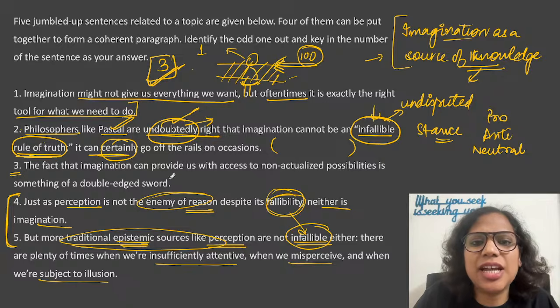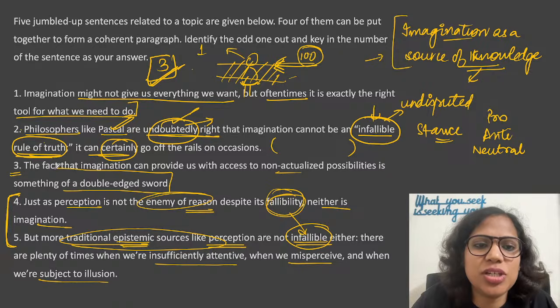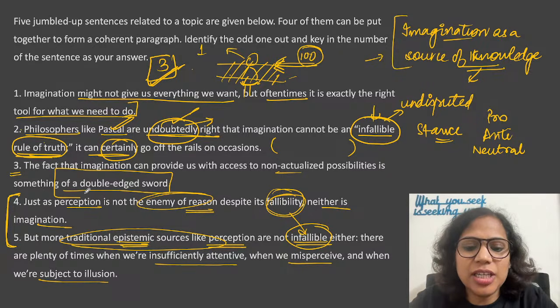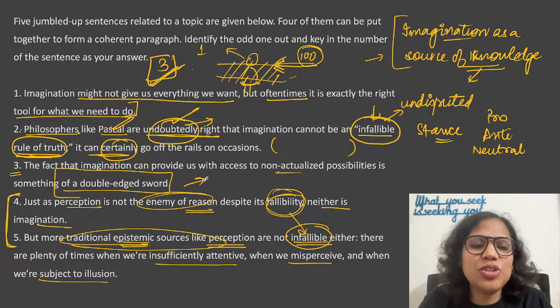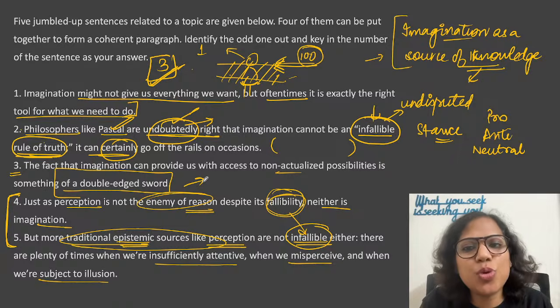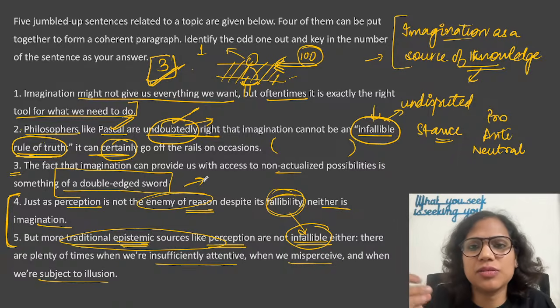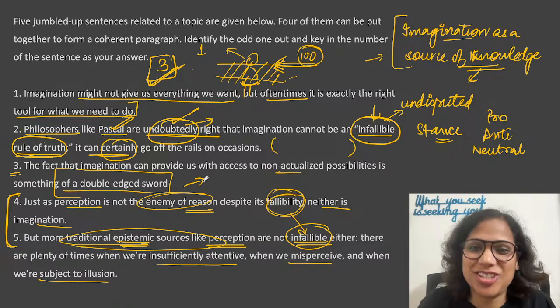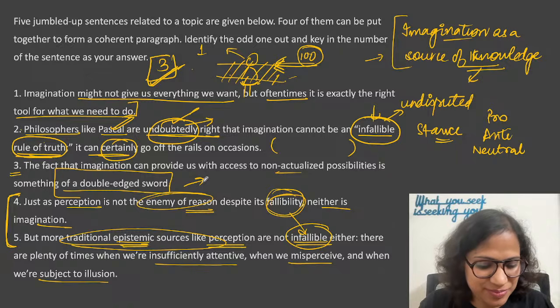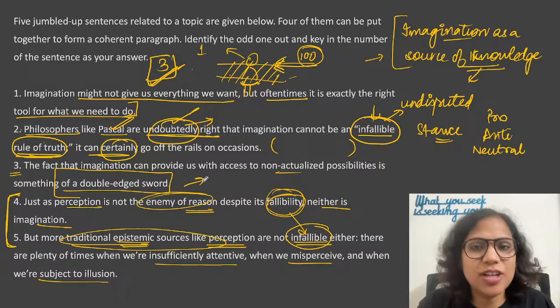The fact that imagination can provide us with access to non-actualized possibilities is something of a double-edged sword. Tell me, ये वाली जो tone है इसका या ये जो stance है, is it pro imagination or is it cautious about imagination? It is cautious, right?